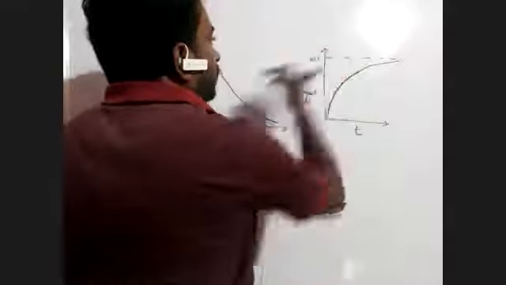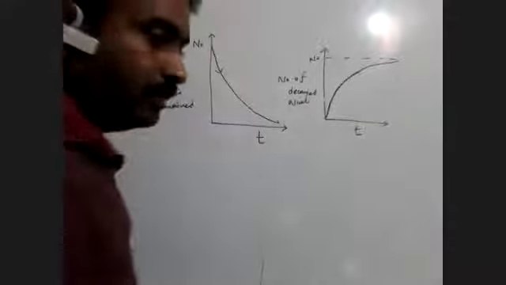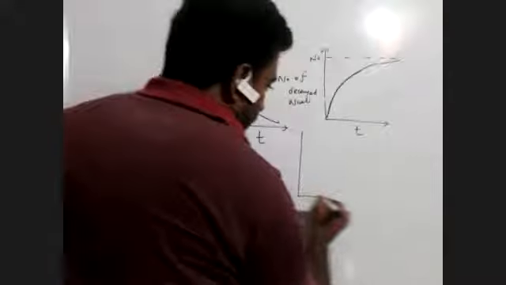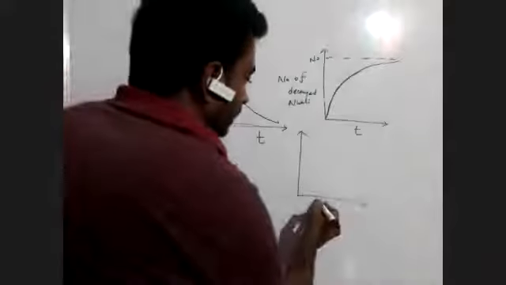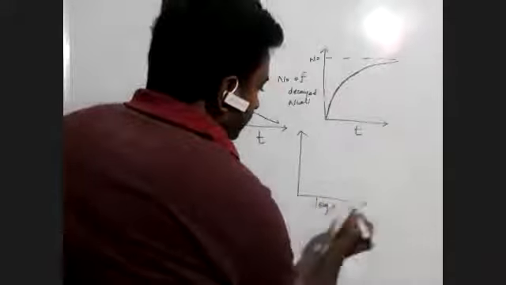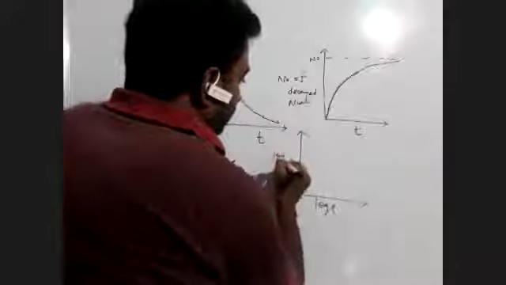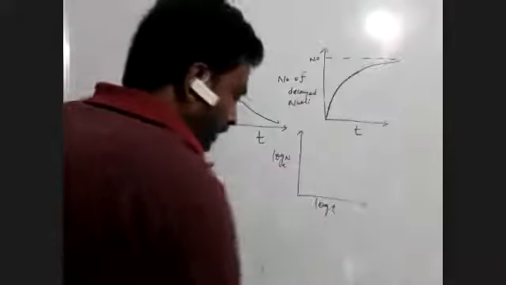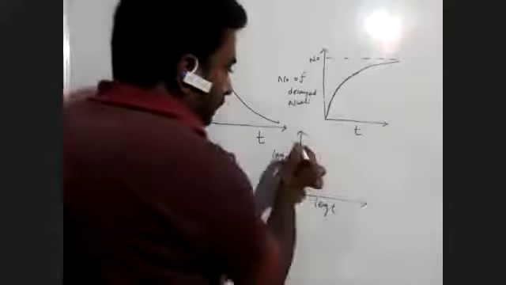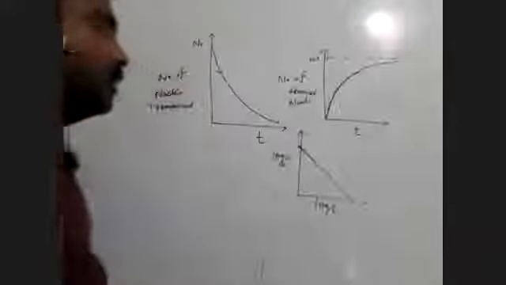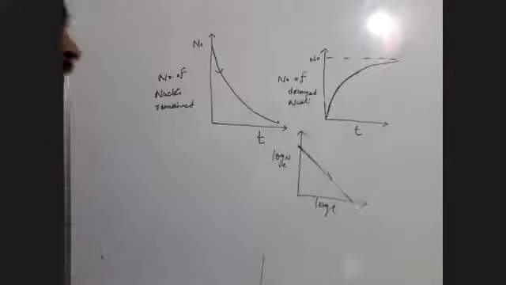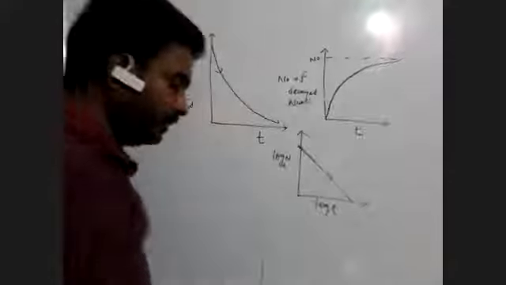As time increases, the number of decays decreases. This is the second type of graph. Next, if I take the logarithm of N to the base e against t, then I'll get a linear graph. So these are the different types of graphs related to radioactive disintegration.